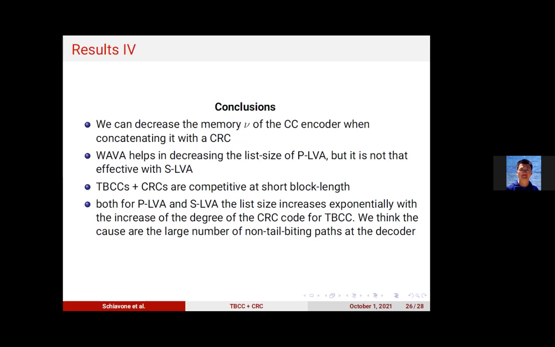Go ahead. I just want to ask Riccardo whether you know that we also submitted our journal paper this year, and we also designed good CRCs for the TVCC, because in the past we didn't have an algorithm that can do this. So now we have the complete table of best CRCs for both ZTCC and TVCC. Yeah.